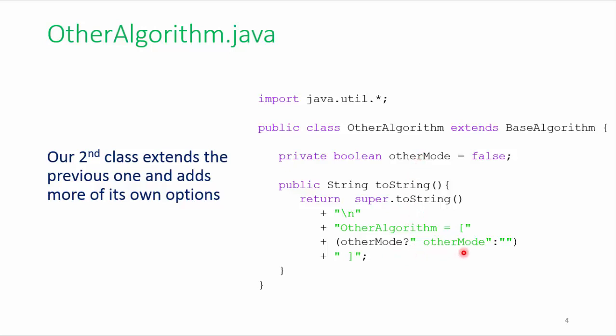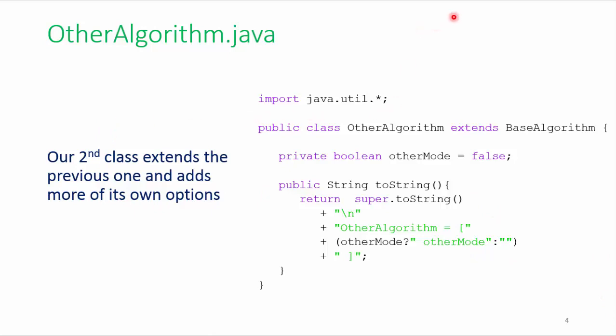So this results in our object being capable of saying, here are all the attributes that I inherited from BaseAlgorithm, and more specifically the ones that are true, and here are now the attributes that I define in the class OverAlgorithm, and more specifically the ones that are true. I think I said algorithm instead of attribute here. Sorry about that. So here are all the attributes that are true in the class OverAlgorithm.